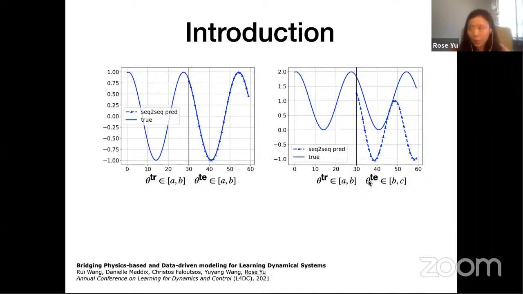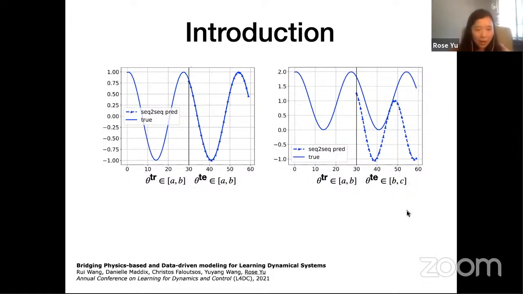Now, the test set parameter theta TE is coming from a different distribution, where the parameters, which in this case are the initial condition, the frequency, and the magnitude of the sine curves, are drawn from a different interval, let's say B and C. Now, if we look at the predictions of this deep learning model from a sequence-to-sequence architecture, the predictions are completely off. In fact, we tried most of the state-of-the-art deep learning models for dynamics forecasting, and all of them failed in this case.